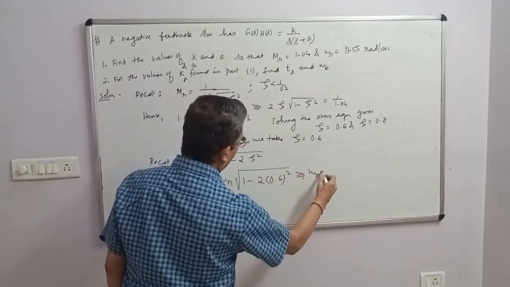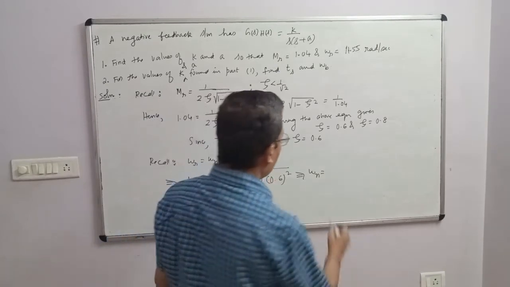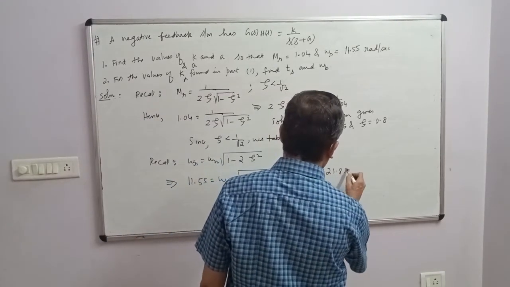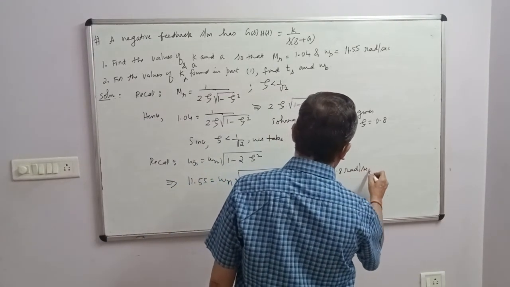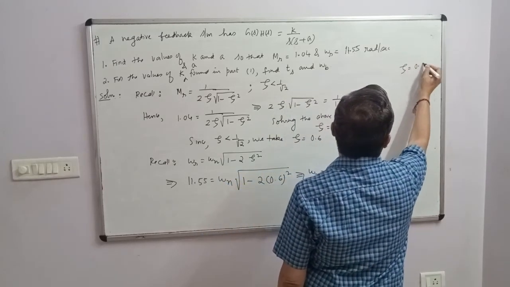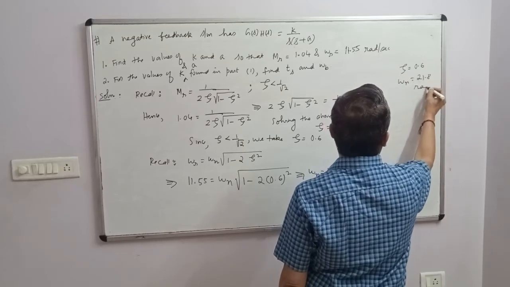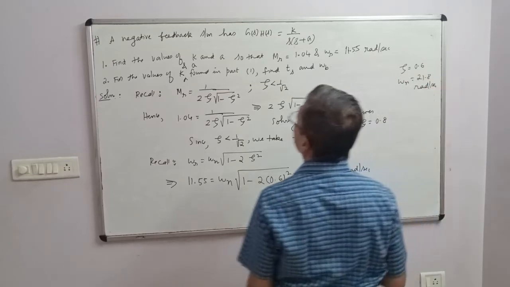You solve for omega n. If you solve for omega n, you get 21.8 radians per second. You have got zeta equal to 0.6, omega n is equal to 21.8 radians per second.